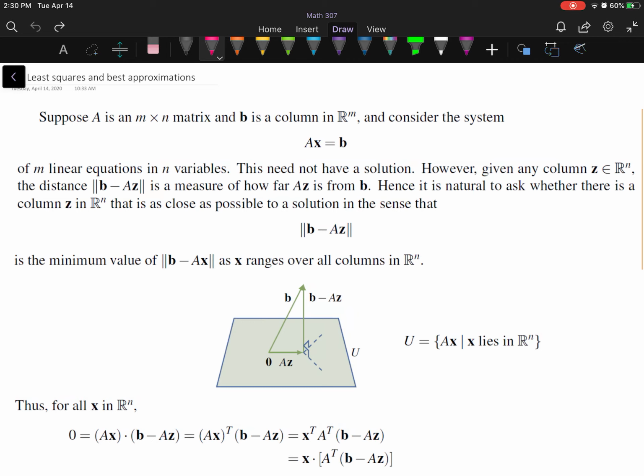All right, so we've already introduced the idea of least squares in one of our previous activities, where we were finding the closest solution in a plane to a vector that was not in that plane.